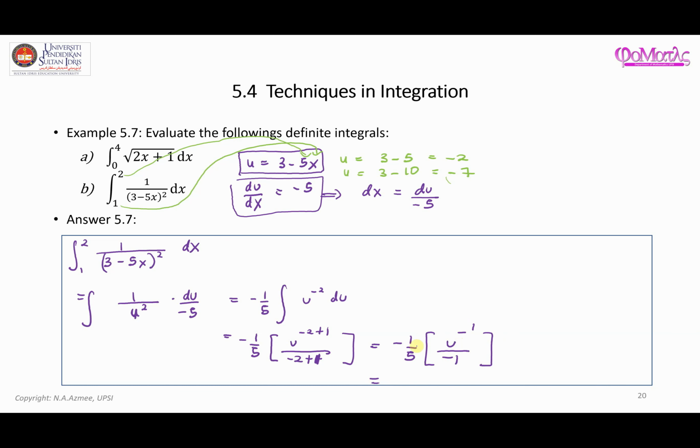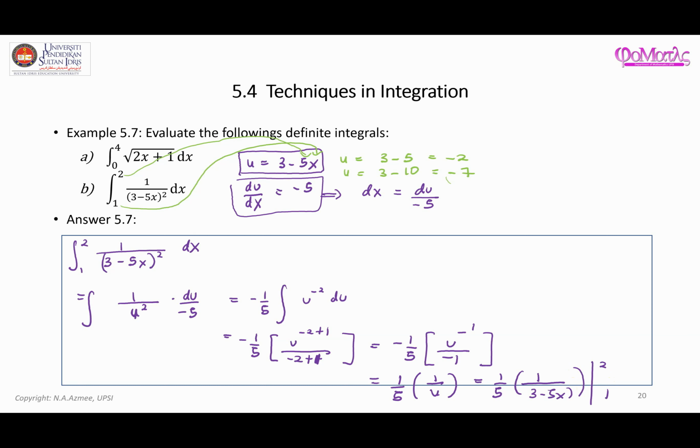This becomes 1 over 5, 1 over u, where u is just 3 minus 5x. And then you can evaluate that at points 2 and 1.